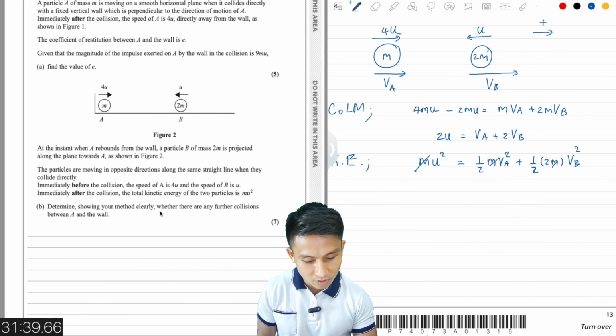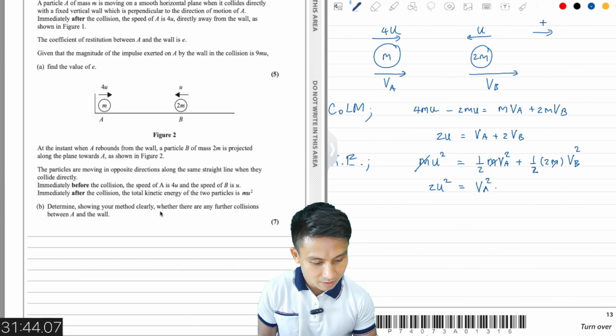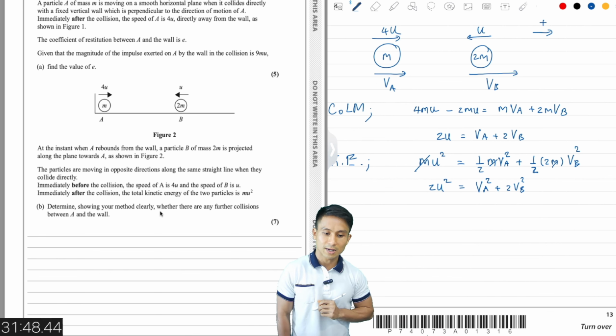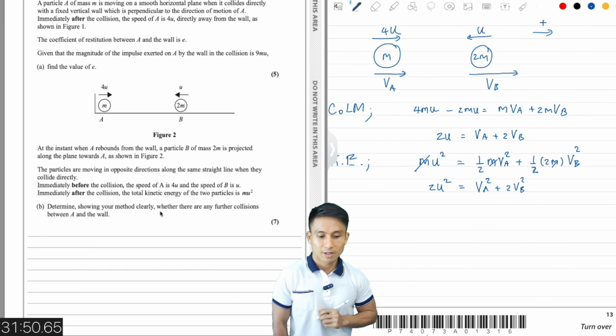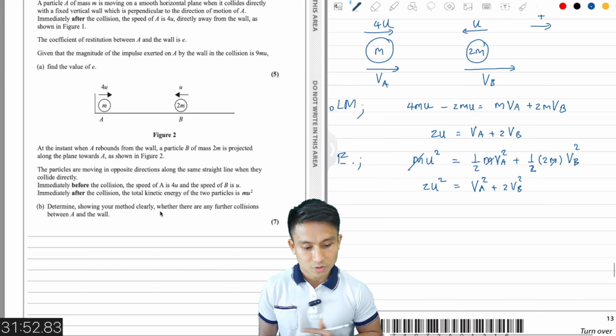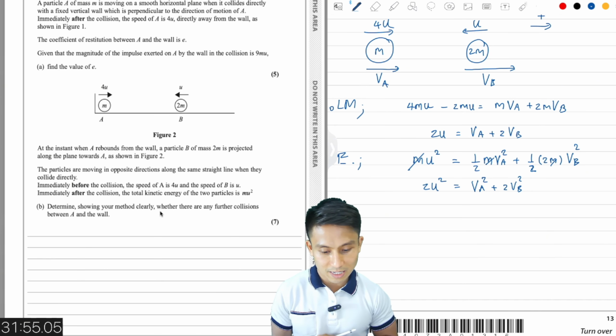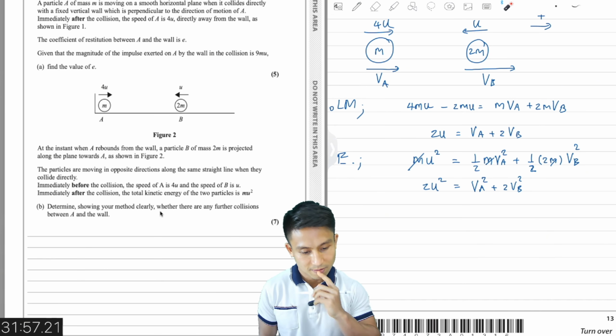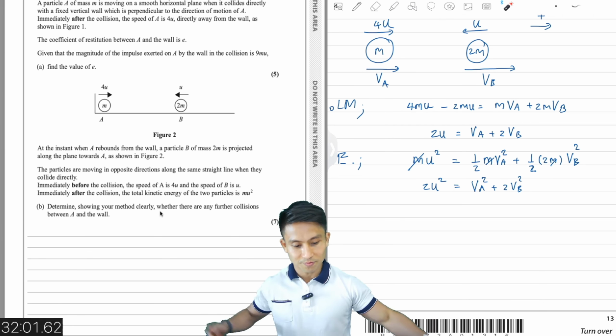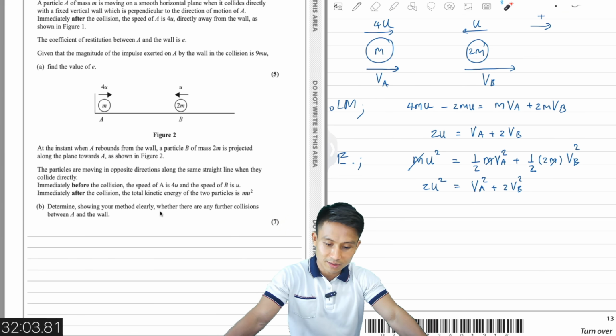If I multiply u across, I get 2u squared equals VA squared plus 2VB squared, like that. Okay, so how do we solve this? Well, if we square this, is that going to help? Interesting simultaneous equations here. Do we have anything else about this?